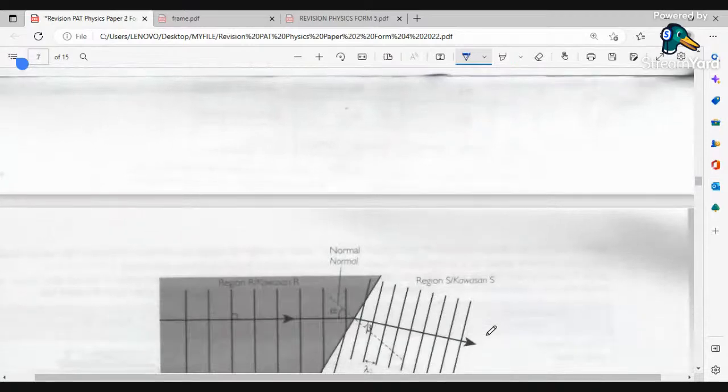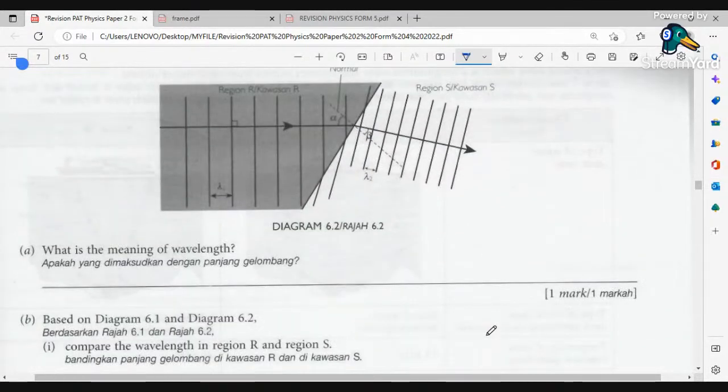Okay. Soalan. What is the meaning of wavelength? Okay, boleh bagi general. Kita ada banyak banyak definition.